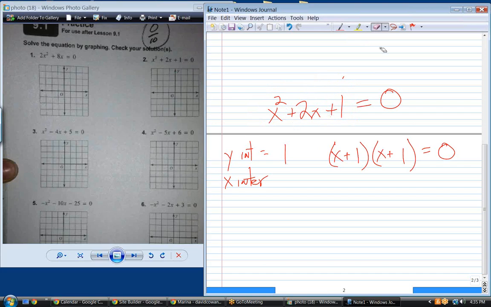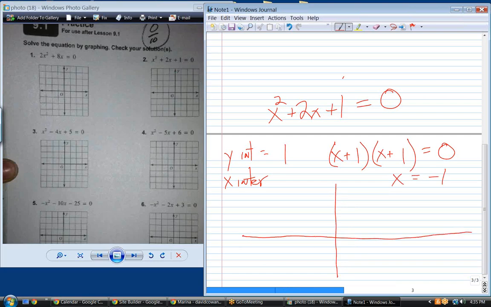Okay. Now, what's the solution? Where is my x-intercept or x-intercepts? At negative 1. Right. In this case, there's just one. And it's at negative 1.